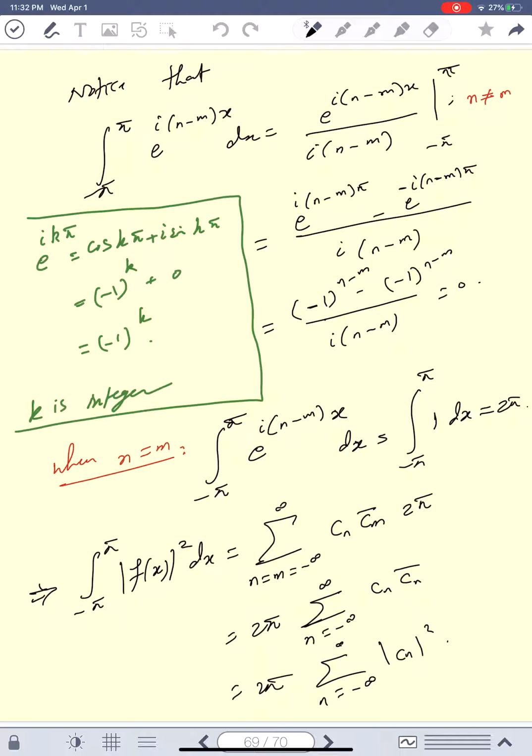I just need to summarize it. After doing all the computations, we reached that this integral is equal to this value.